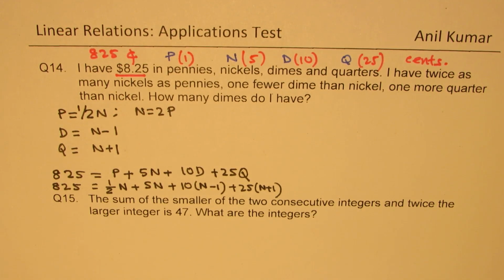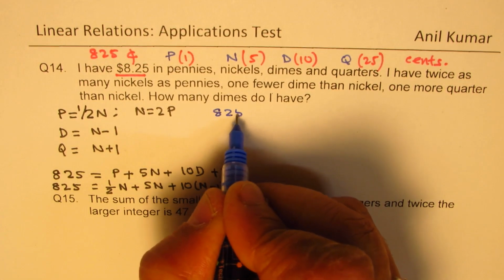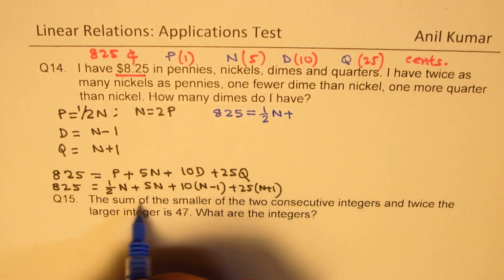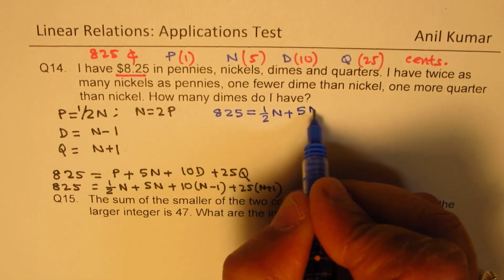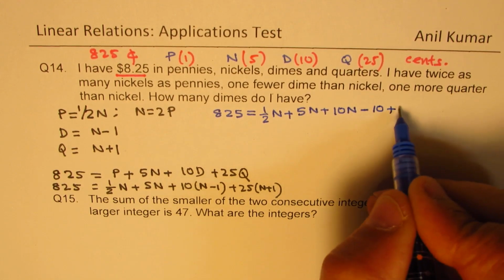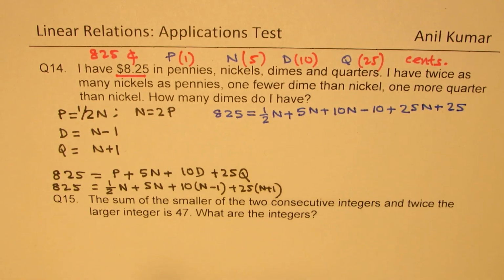Now in this equation we have only n, the nickels, which we need to figure out. So let's try to solve this equation. I'm rewriting this as 825 is equal to half of n plus 5n, and we'll just open the bracket, plus 10n minus 10, plus 25n plus 25, correct?